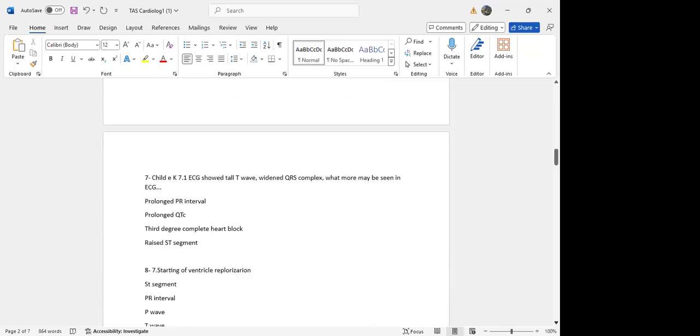Now child again with potassium 7.1, ECG shows tall T wave, widened QRS complex. What more may be seen in the ECG? So now you should know the ECG findings, especially related to hypokalemia, hyperkalemia, hypocalcemia and hypercalcemia.